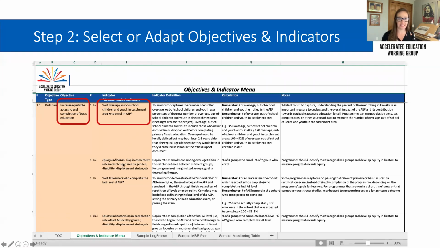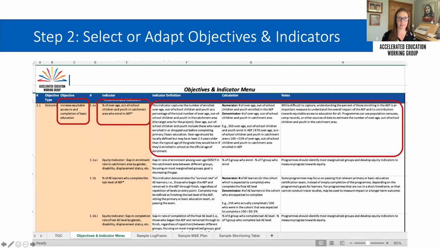For each of the objectives, again, we have some indicators that people can choose some and they can leave others. So it's a menu to choose from, but it's not that you have to use every single one of them. And so we wanted to make sure that we provided enough indicators that programs feel they have something that's relevant for them to use.